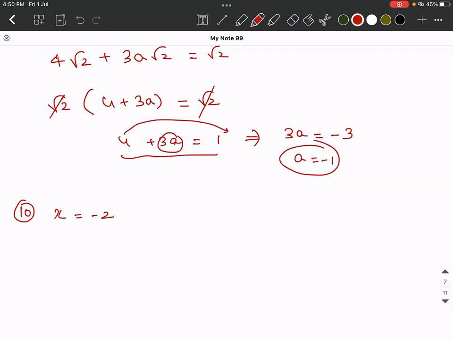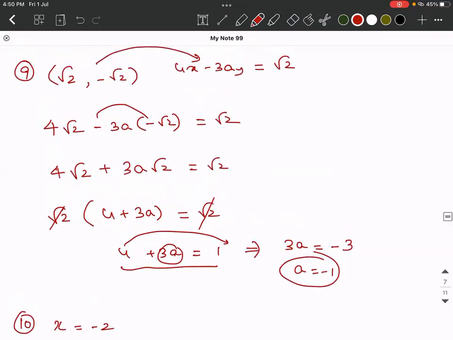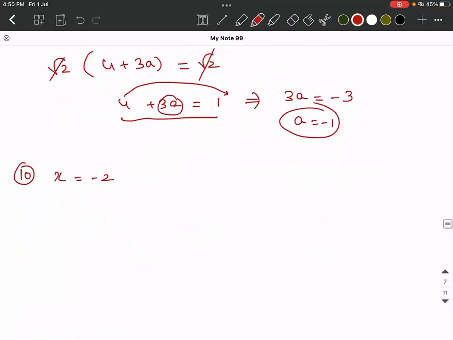So 1 minus 4 is minus 3. Which question are you saying? 10, yeah, she's asking about 10th or 9th. I didn't understand what she says.